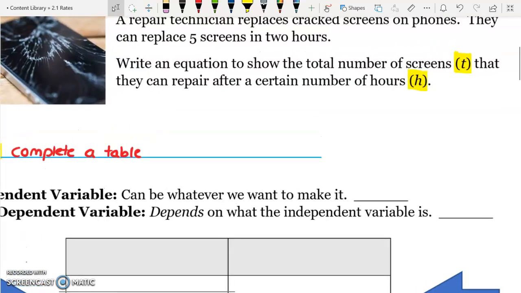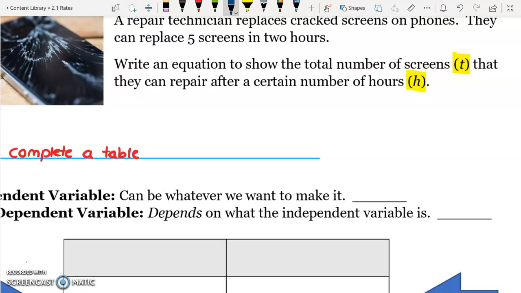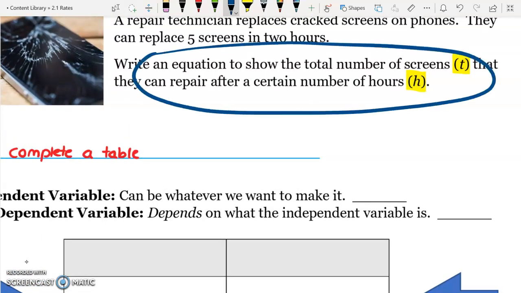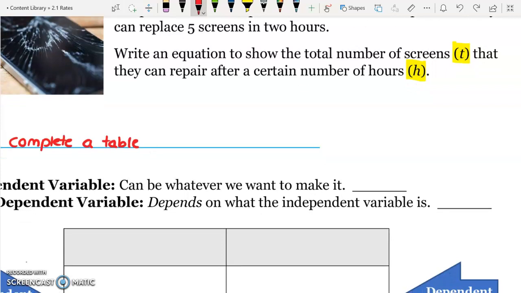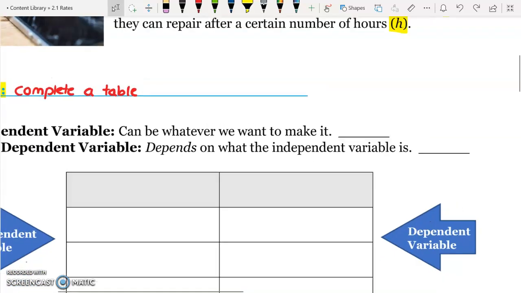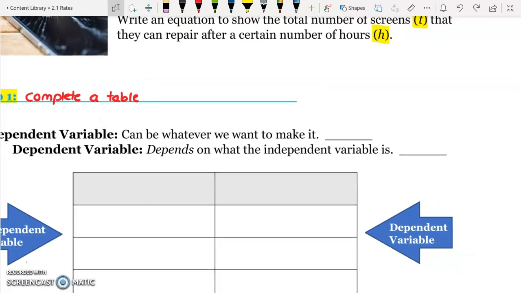Usually you can get that information from the second part that they always write. They said, write an equation to show the total number of screens that can be repaired after a certain number of hours. So given a certain number of hours, the independent variable, I'm going to write that in here, how many screens can we fix?